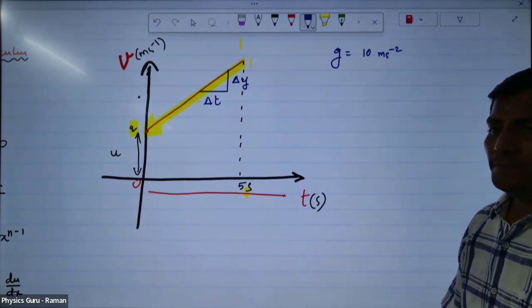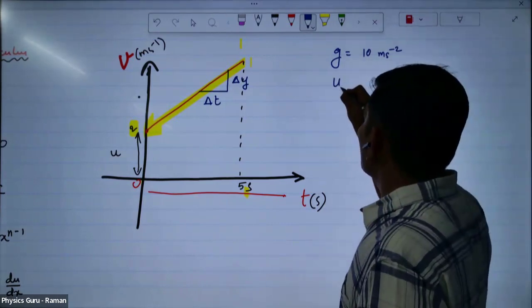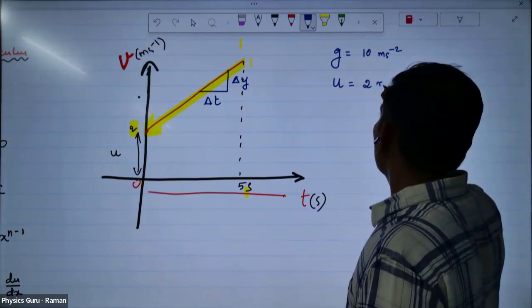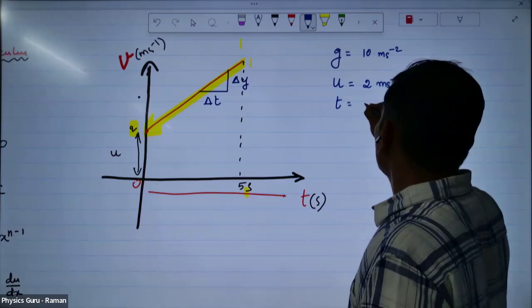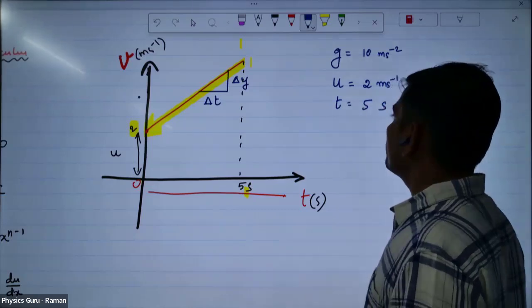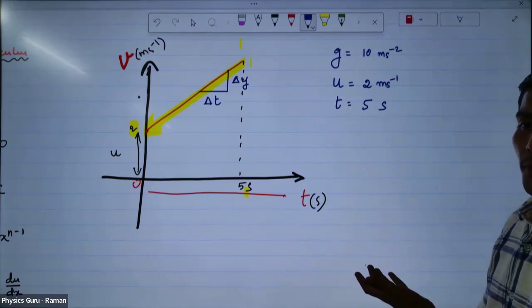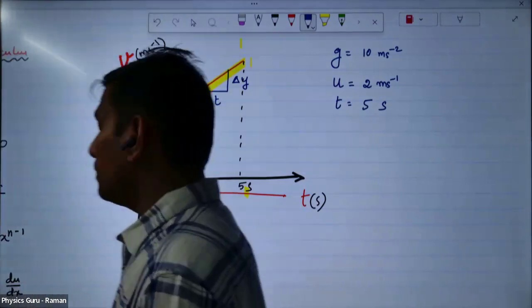Okay? Then, sir, initial velocity is given to me. How much is that? 2 meter per second. And the time is also given to me, 5 seconds. Now it's much easier to find out the information. Someone has sent a message.